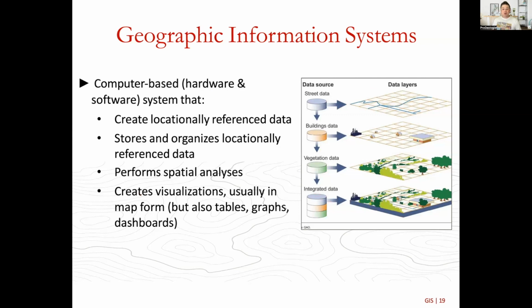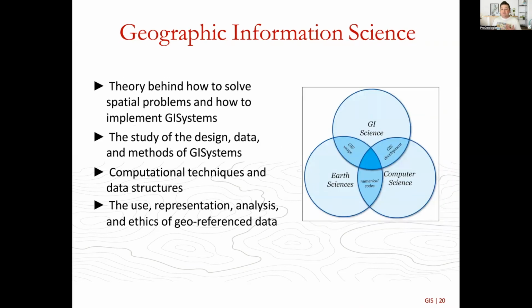Now, when we continue to look at this, what we have to realize, as mentioned before, is GIS as a system is actually very different from geographic information science. Different to the extent that these two are used almost synonymously throughout the industry, but they're really different because you're combining GIScience, that is geographic information science, generally with things like earth science and even computer science.